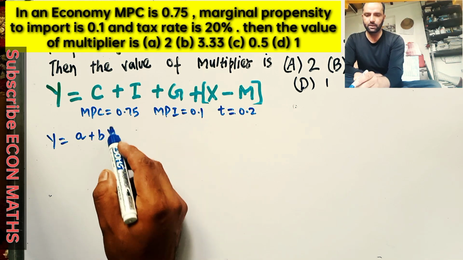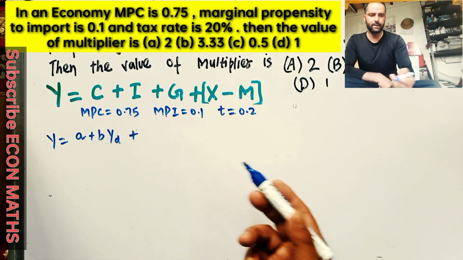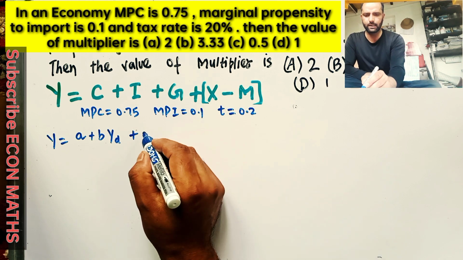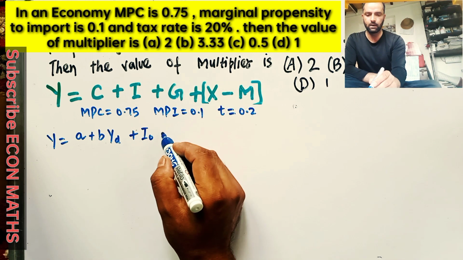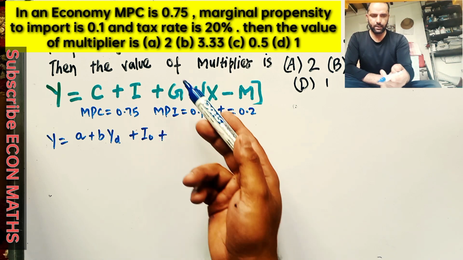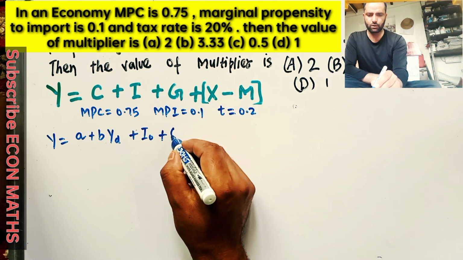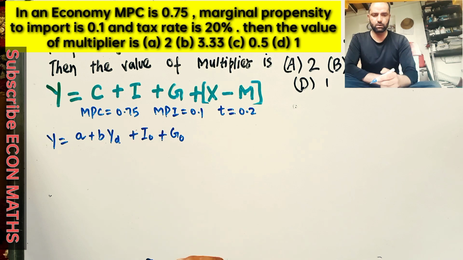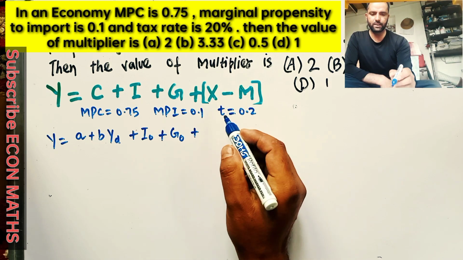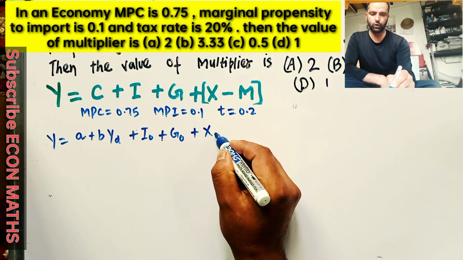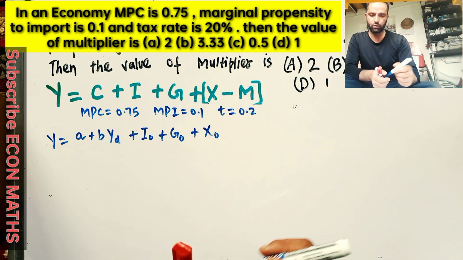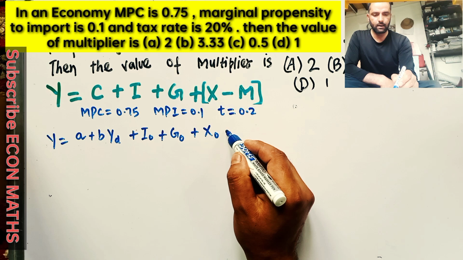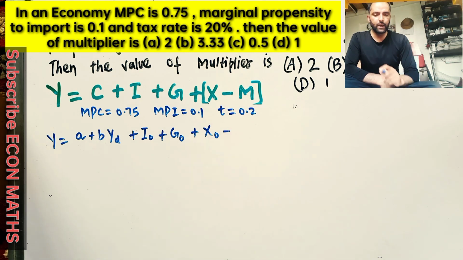Plus investment, which is given as autonomous here, so let's denote it by I naught, because nothing is said about investment. Plus government expenditure, denoted by G naught, autonomous here. Plus the export sector, which is likewise autonomous, X naught, minus the import.